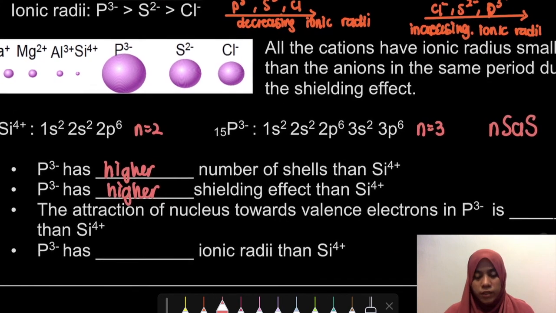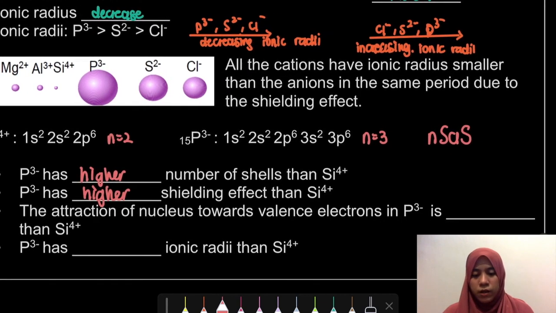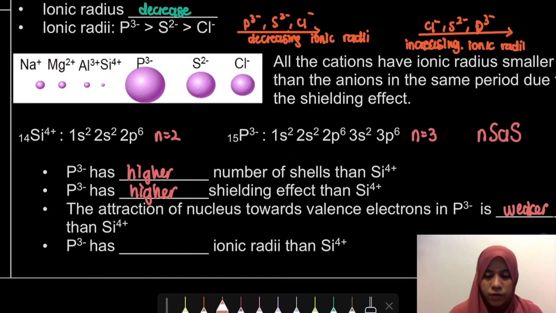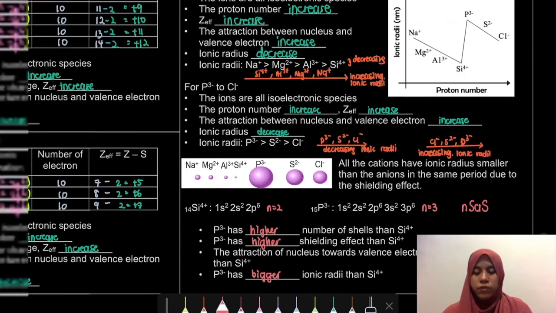So the attraction of nucleus towards valence electron in phosphorus is weaker. Because of the shielding effect, it means the repulsion is stronger. So the attraction between nucleus and valence electron is weaker. So that's why I will say our phosphorus ion has a bigger ionic radii compared to our silicon 4+.